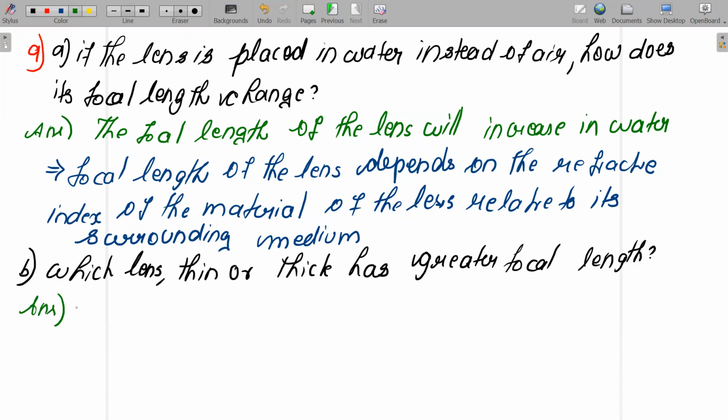What is the answer? So you guys know that thinner, right?